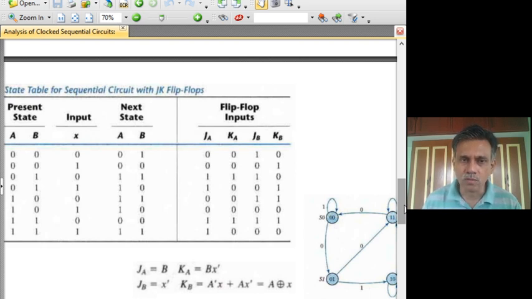For J is equal to 1, K is equal to 0, it is a set condition, therefore it is 1. For J is equal to 1, K is equal to 1, it is a toggle condition, so Q plus is Q bar. So you have to remember that truth table of the JK flip-flop, and accordingly find out A plus and B plus.